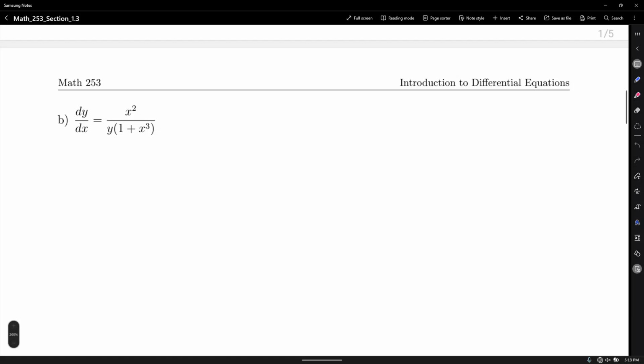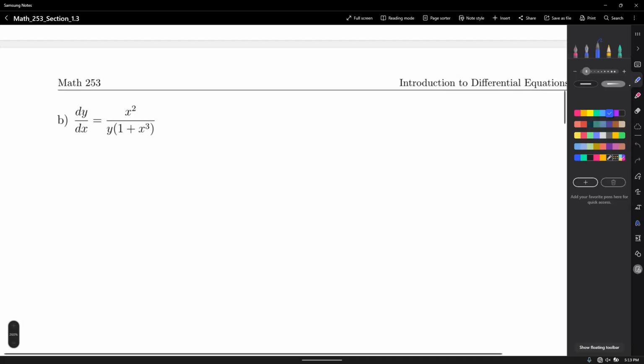So in this case, I think it just works very nicely to do cross multiplication. The dy and the dx over here and the y with the dy. So that's going to leave us with y dy equals x squared over 1 plus x cubed dx. And we just separated the variables.